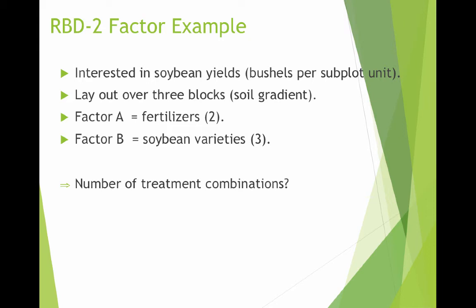If we were to put this in the context of an example where we were interested in soybean yields as measured by bushels per subplot unit, we would lay it out over 3 blocks. Let's assume that our known source of variation is the soil gradient. Factor A would be testing 2 levels of fertilizer, and factor B would be testing 3 different soybean varieties.